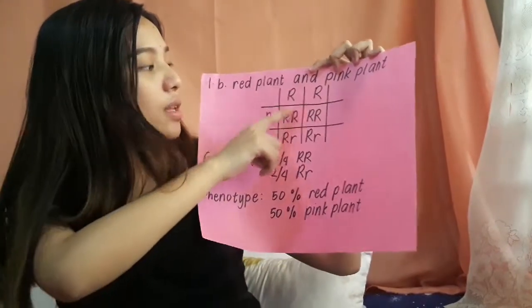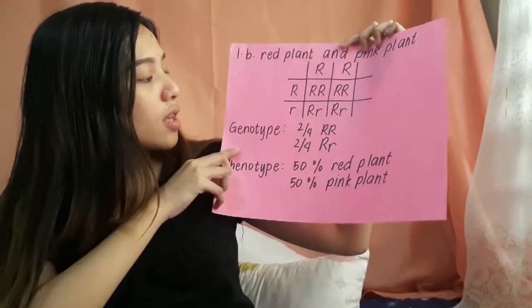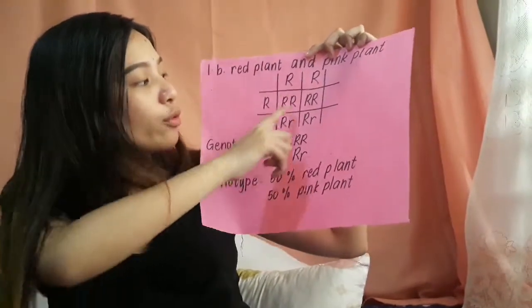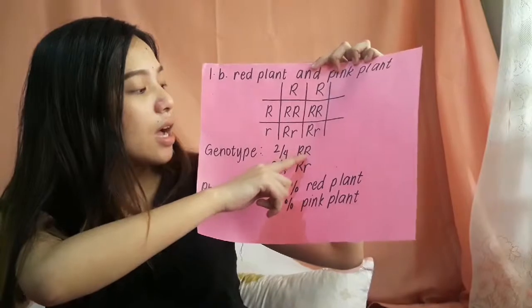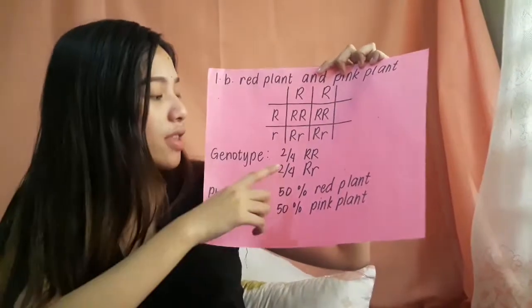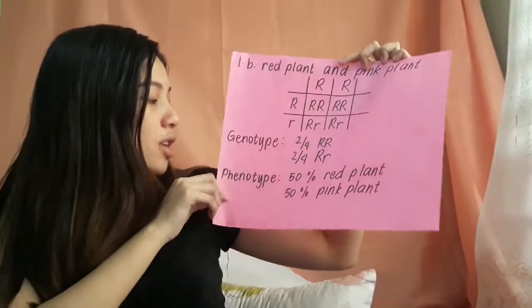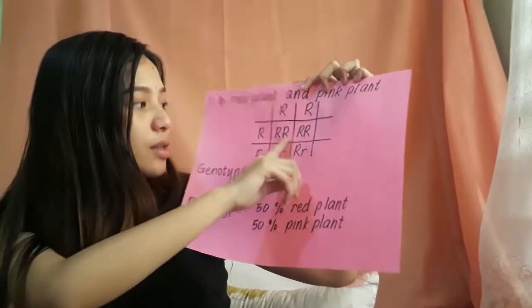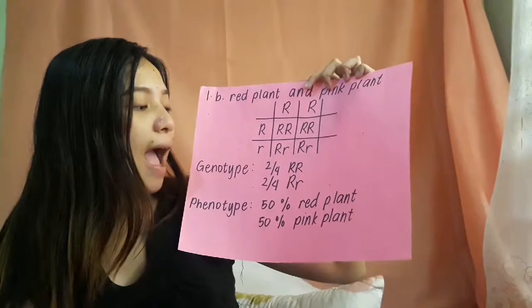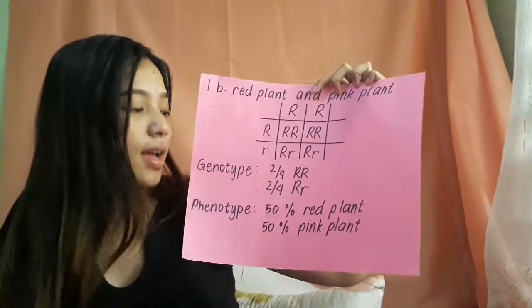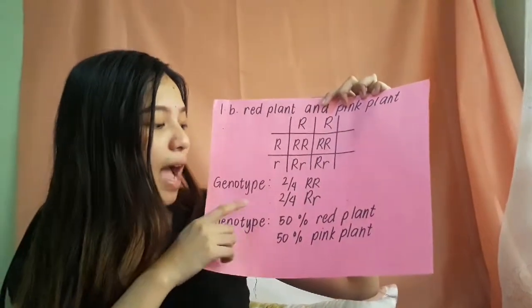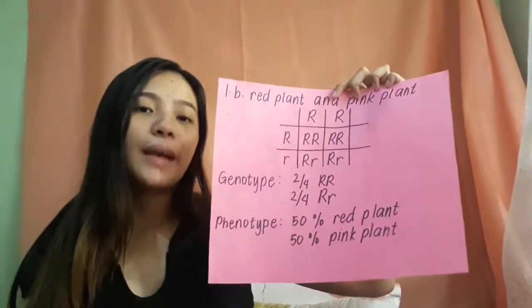If we use the Punnett square, the genotype will be 2/4 homozygous RR and 2/4 heterozygous RR. So the phenotype is 50% red plants and 50% pink plants.